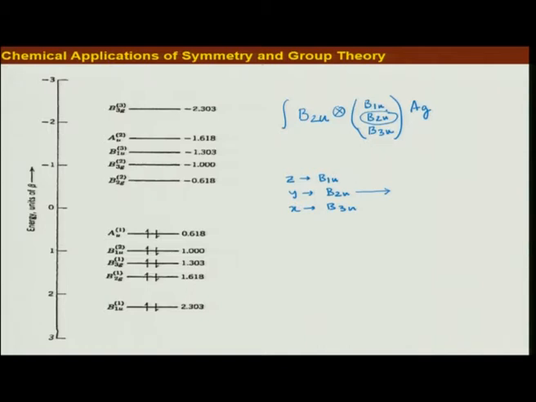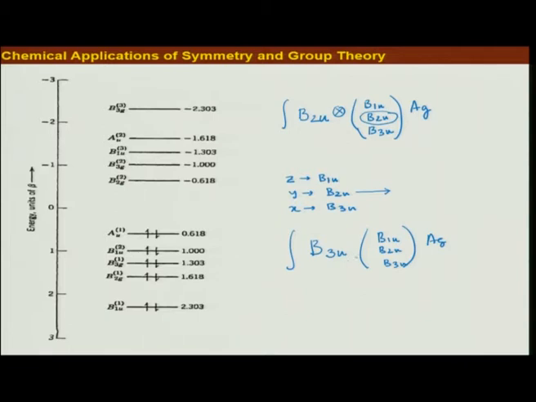Now for the other two transitions, you have the same type of situation where you have B3U as the irreducible representation for both the excited states, and you have the same situation here, B1U and B2U or B3U, and then you have AG, correct?